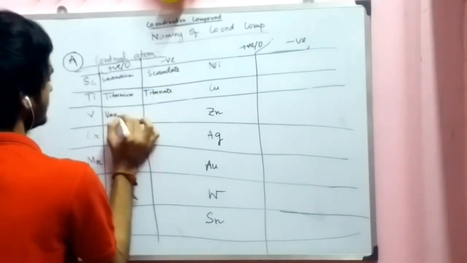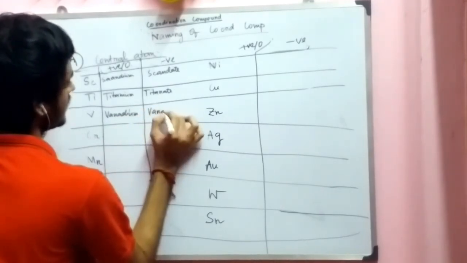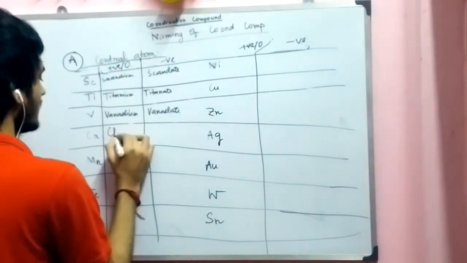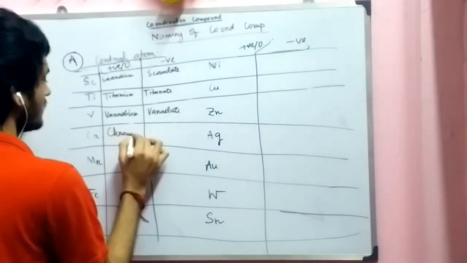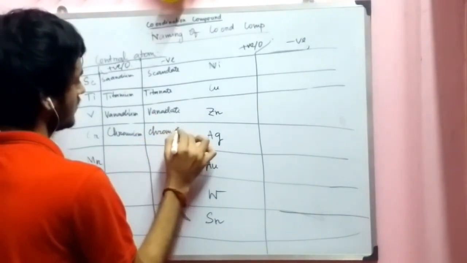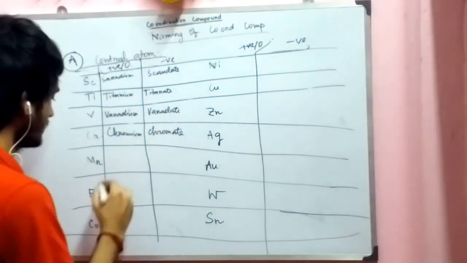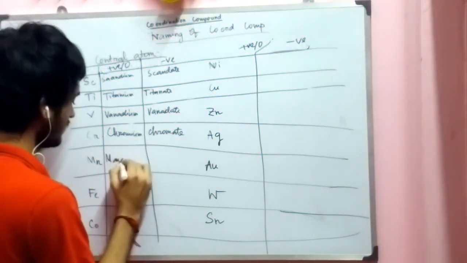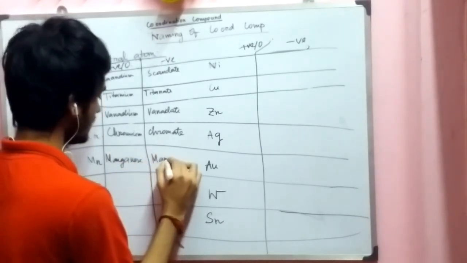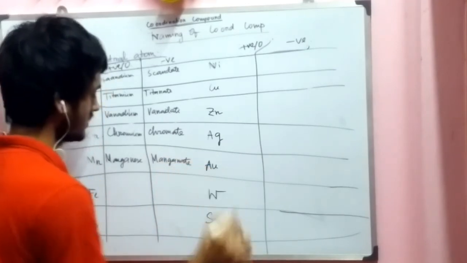This is vanadium, this is vanadate. This is chromium, this is chromate. This is manganese, this is manganate.